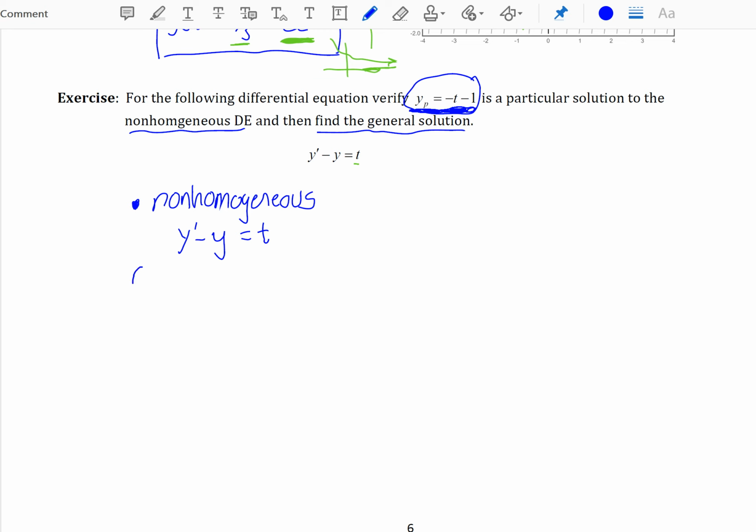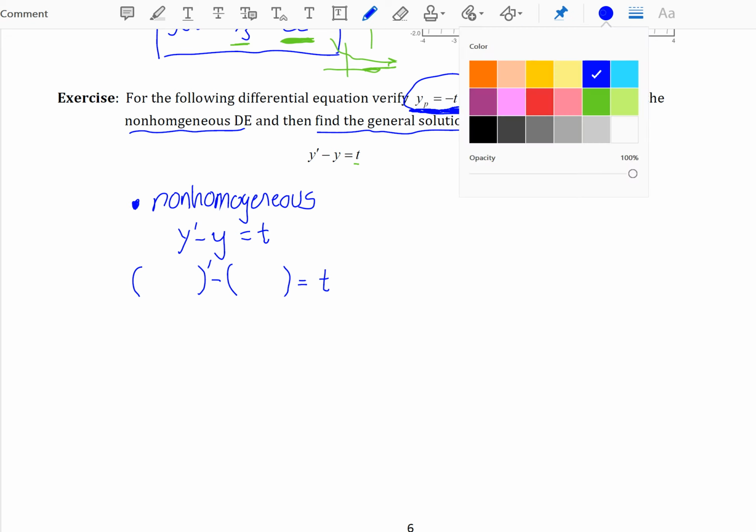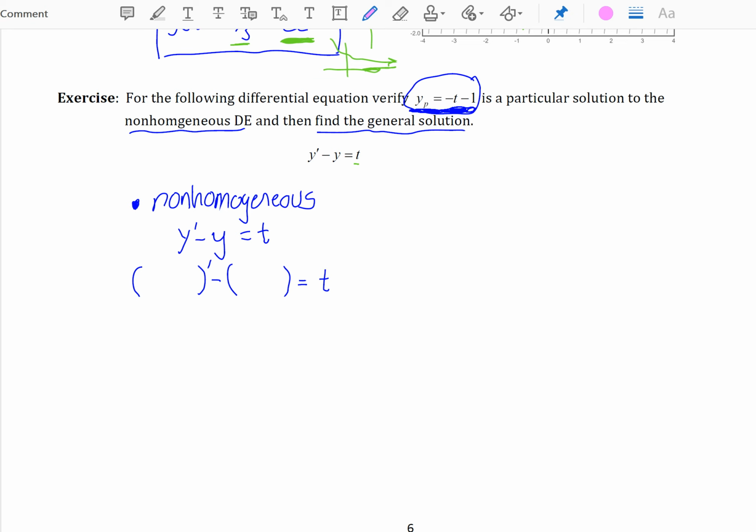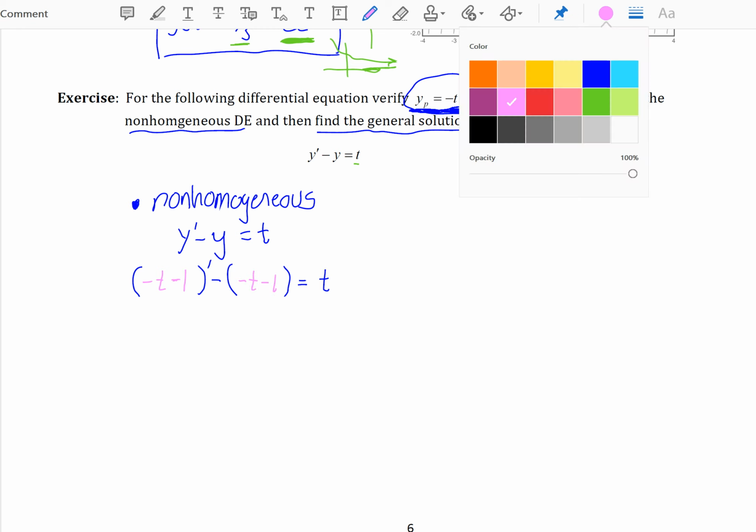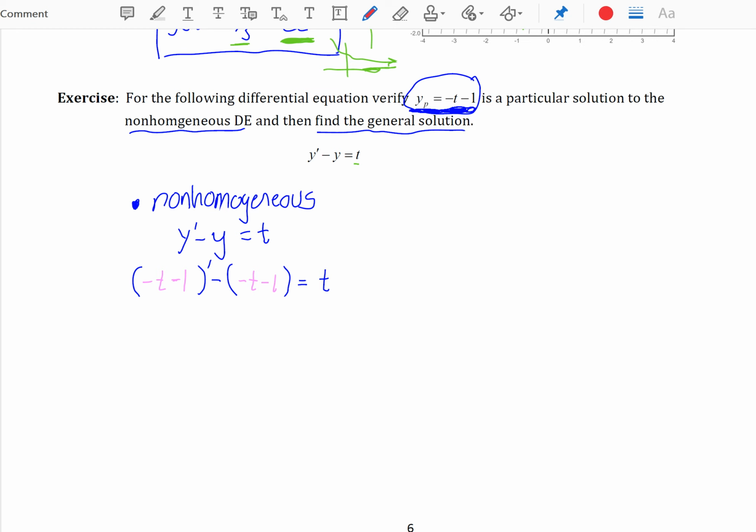So again, we evaluate our DE at this proposed solution. So let's stick in the negative t minus 1 for y. And we're asked to show that this is equal to t. This will tell us that this is a particular solution to the non-homogeneous DE.